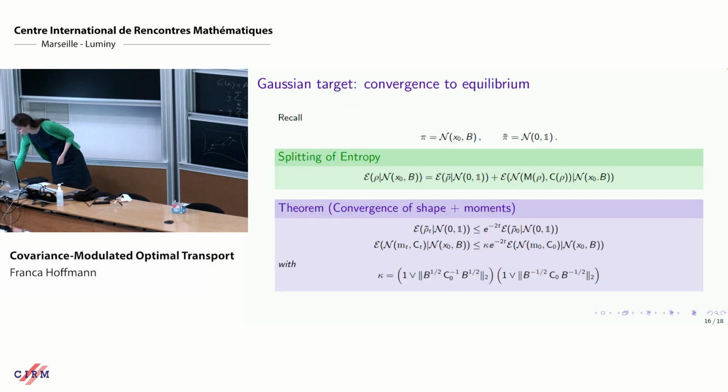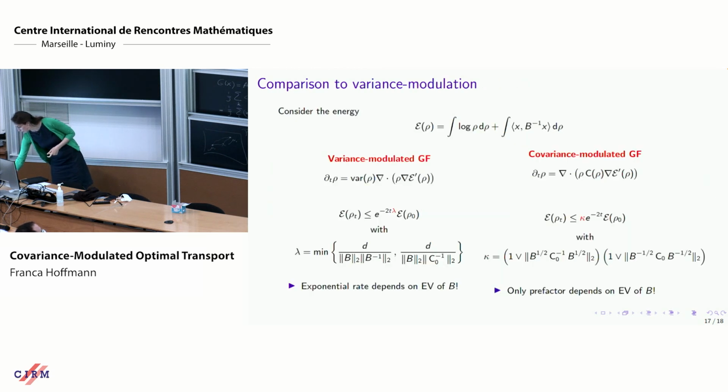Okay. And then there's also splitting of the energy in terms of the shape part and the moment part. And you can derive separate convergence rates for the shape part and the moment part for the energy. But I think, this is the last slide.